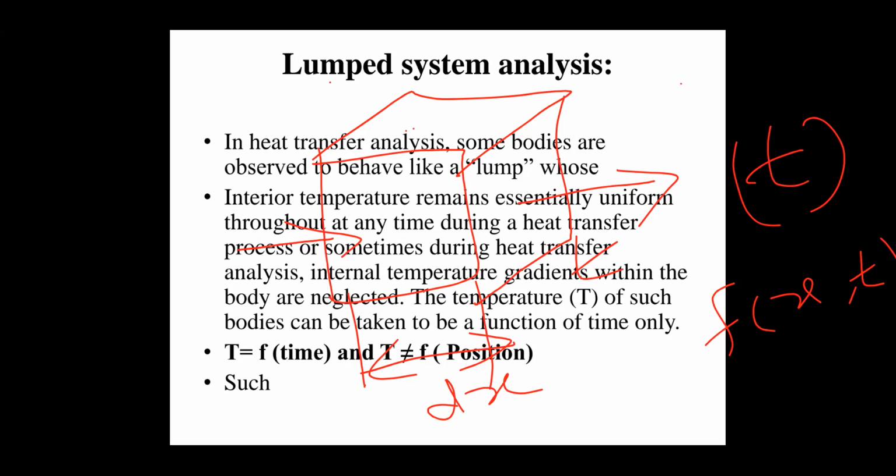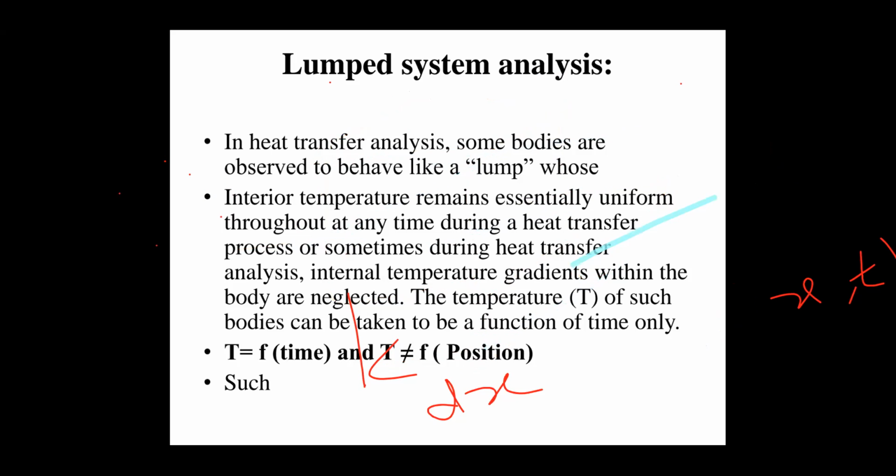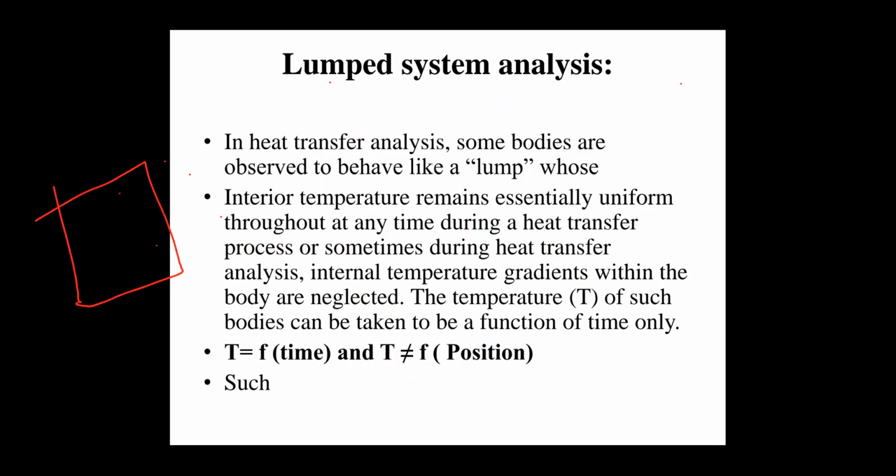So for such a small element, when heat transfer occurs, there are no changes in temperature with position. For example, in an unsteady state condition we have the temperature at, for example, one second. Okay, so this is unsteady state condition. There is a transfer of heat at T1 and exit.